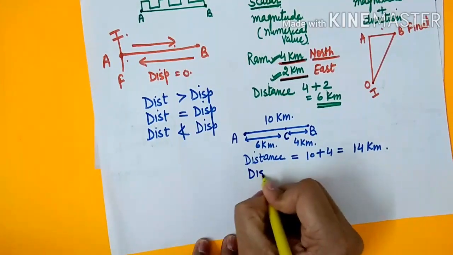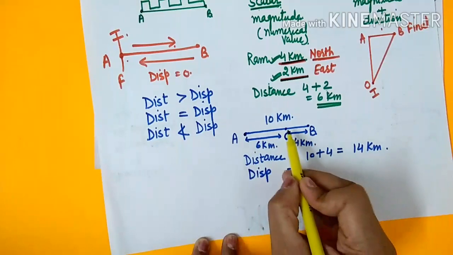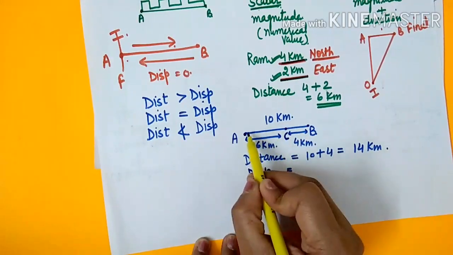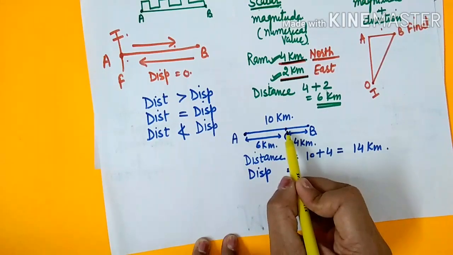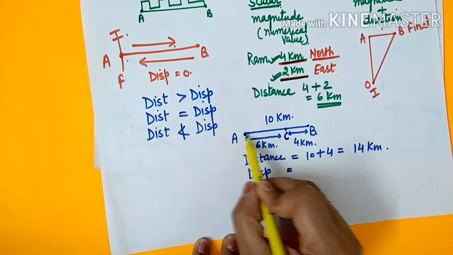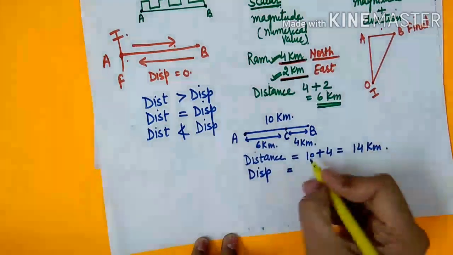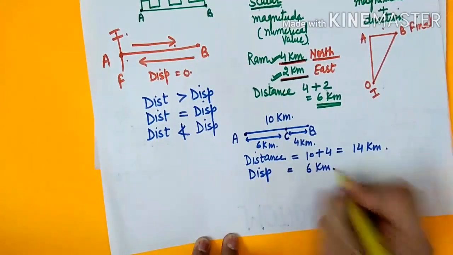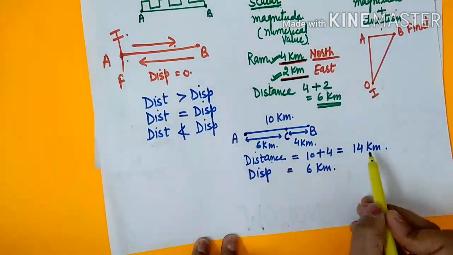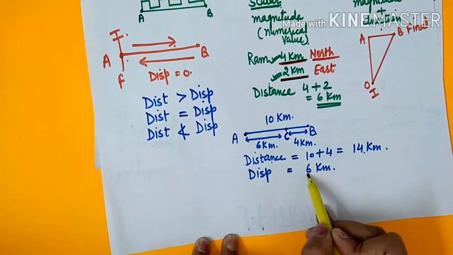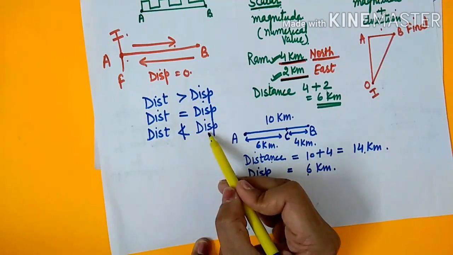Now the displacement: the initial point is A and the final point is C, because he started his journey from point A and ended his journey at point C. So the distance between the initial and final position is 6 kilometer. So 6 kilometer is the displacement. You can see that distance is always greater than displacement. It is never smaller than displacement.